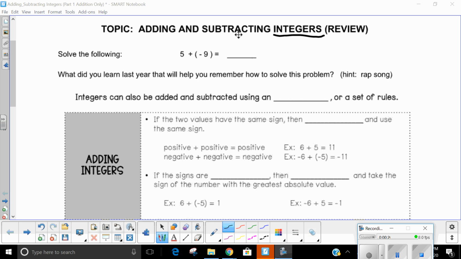So now we want to review some math operations using integers, because we're going to take the rules you learned last year in sixth grade for adding and subtracting positive and negative numbers and apply them to rational numbers. That means we're going to learn how to add and subtract positive and negative fractions and positive and negative decimals. But first, we want to review the rules for integers, which are just positive and negative whole numbers.